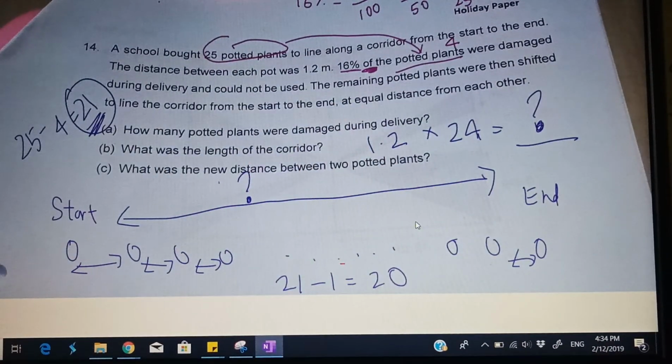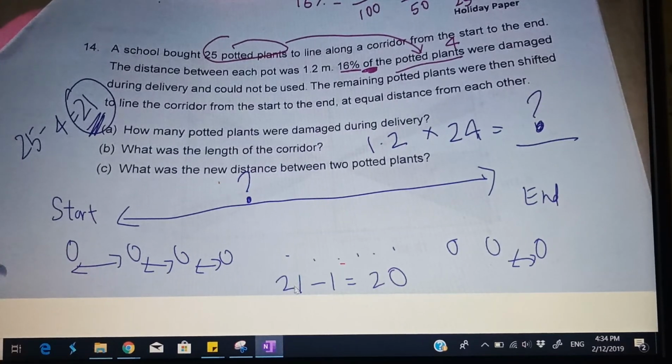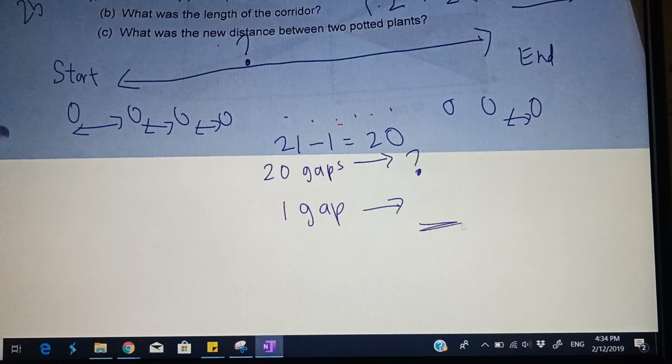So how do we find one gap? If 20 gaps equal the total distance of the corridor, one gap would be how much?